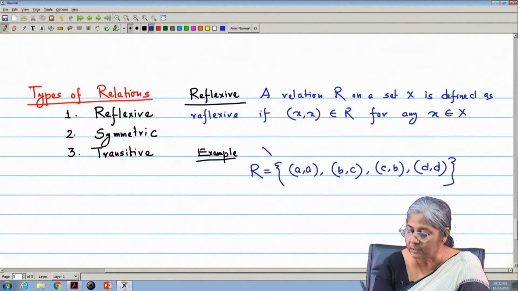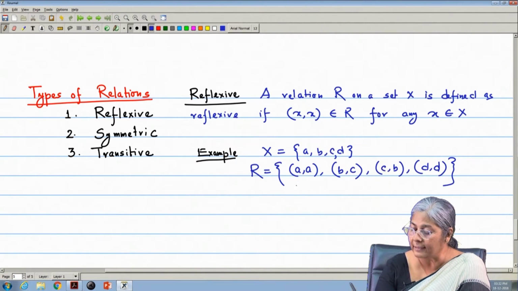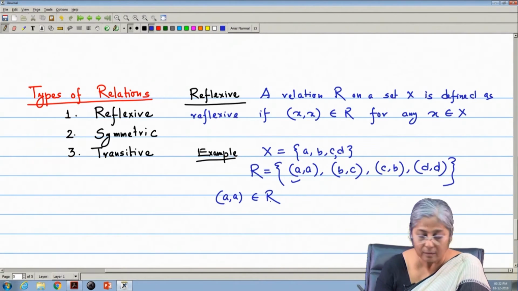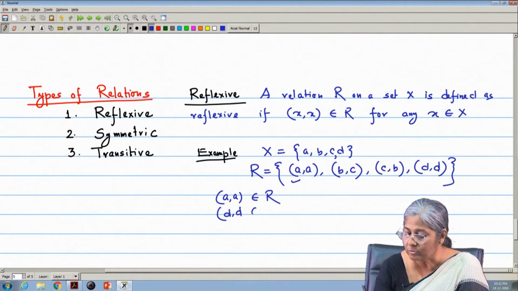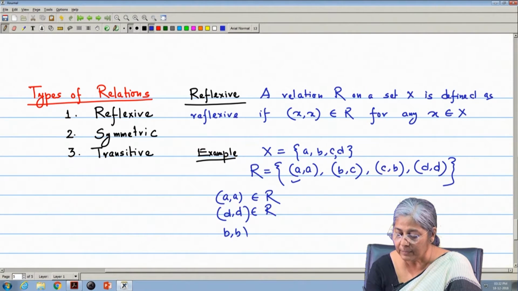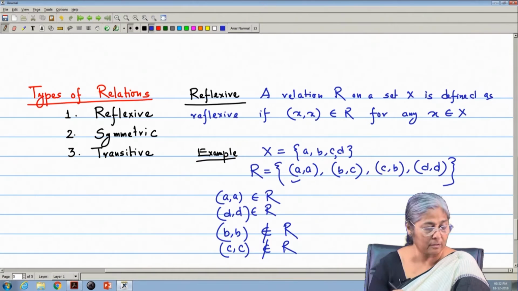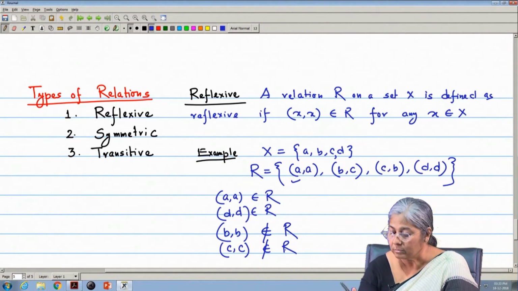So, R is defined on the set X, which has 4 elements A, B, C, D. Now, we see here that for A, (A,A) belongs to R, and (D,D) belongs to R, but we see that (B,B) doesn't belong to R, or (C,C), that pair is also not in R. So, this is not reflexive.